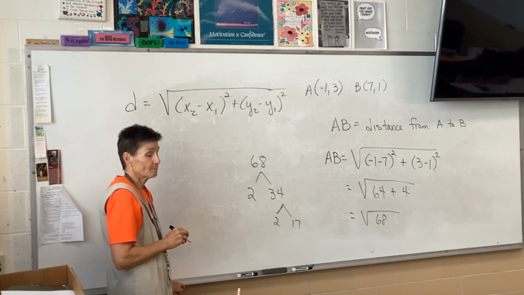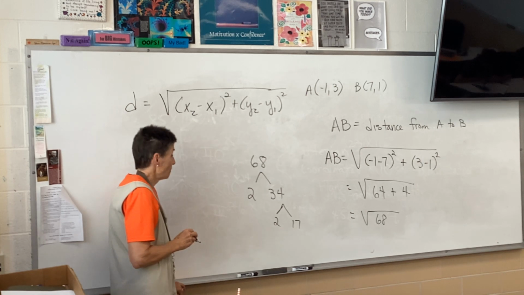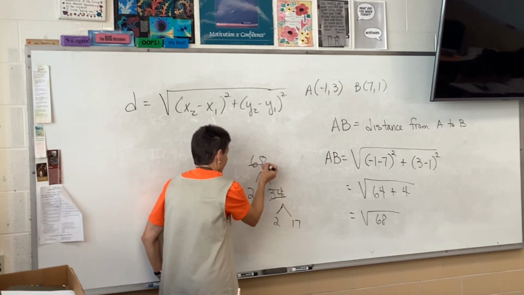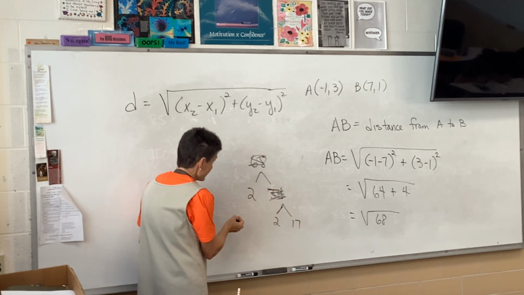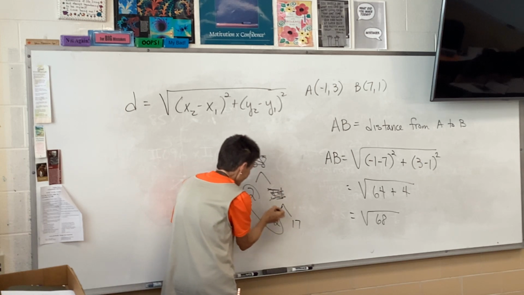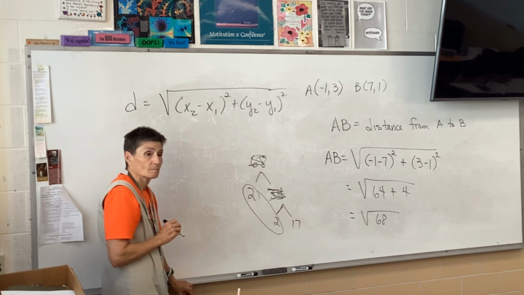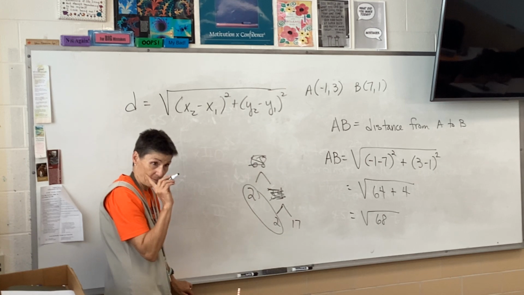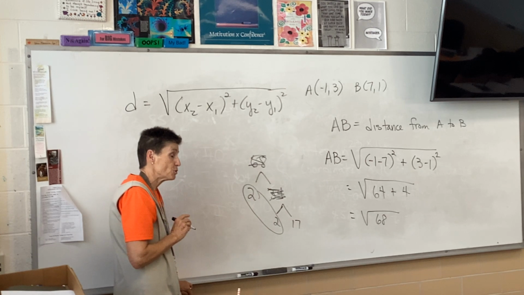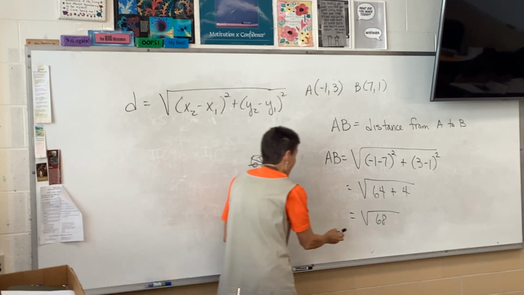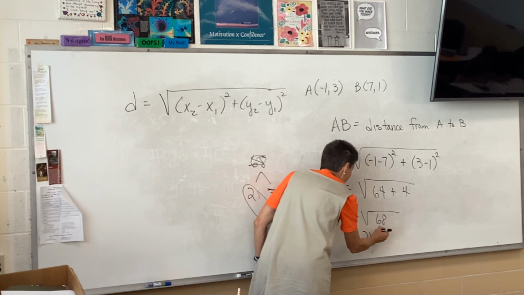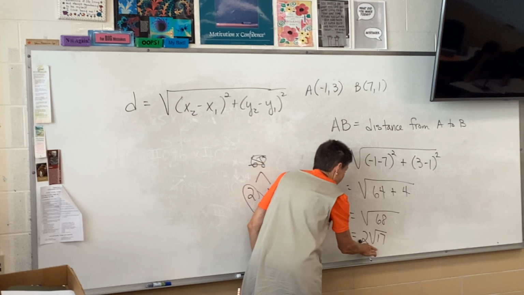And I'm done, right? But I notice that I have 2 2's. They come out. Whatever you have 2 of comes out, and whatever you don't have 2 of stays in.